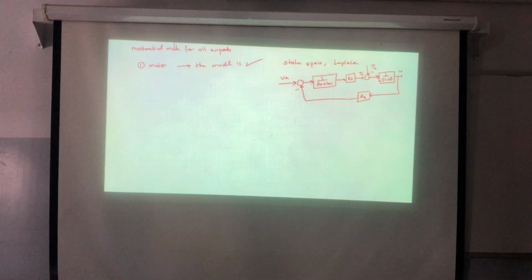So the first thing I must take is a current feedback, IA. So I need a current sensor, and we need to find a mathematical model for the current sensor. The current sensor output should be compared with the reference current.